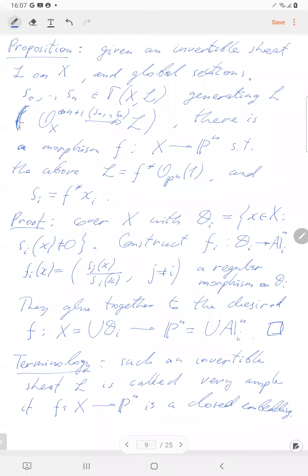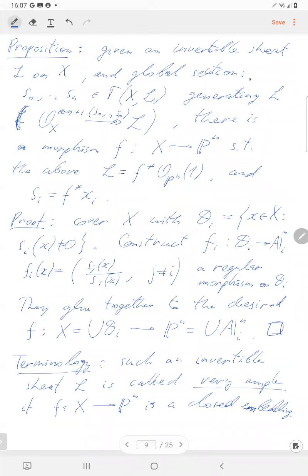Certainly you could consider, say, a trivial line bundle, and then it would correspond to a map from X to a point in projective space, and that's not very interesting. But we're interested in the opposite case, when this line bundle is as nontrivial as possible. When this map from X to P^n is an embedding, it does not glue anything at all, and that's called very ample. We'll consider examples of this next time, and then the whole next year.